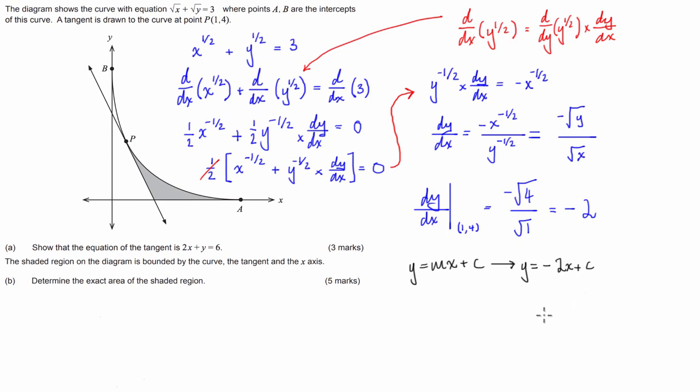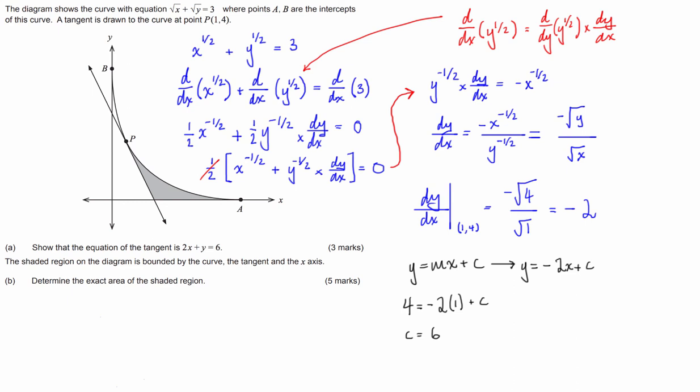And then from here, guys, we're going to substitute in our point, because we know that this tangent has to go through the point (1, 4). We're going to substitute those values into our equation and solve for c. So we're going to have 4 is equal to negative 2 times 1 plus c. So you can see here that c is going to have to equal 6.